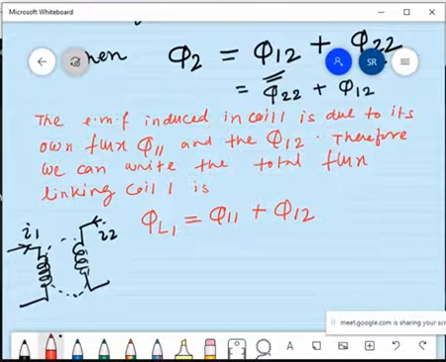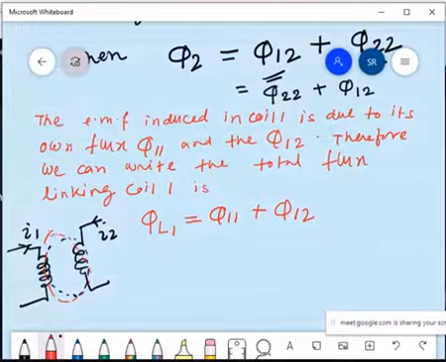One is black, another one is red. So the total flux linking to coil 1 is one for its own, that is phi 1 1 first, and the second one is for the second current, I2, which is denoted as red color.